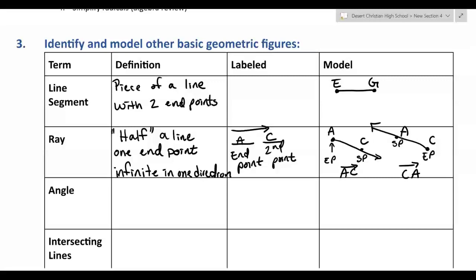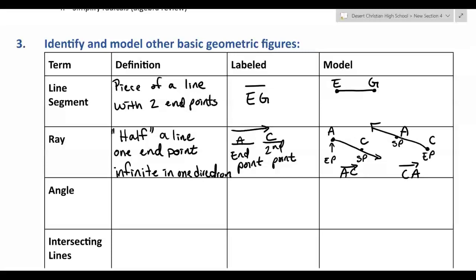And we label segments with the two endpoints. The order doesn't matter, similar to a line, with a segment symbol on top. So that's how we know this is a segment. It's not a line, it's not a ray, it's a segment. So we have three figures that we can name with two letters because they're defined by 2 points. We have a line, which goes infinitely in each direction, with arrows on both sides. We have a segment, which is not infinite at all, with just a little segment drawn above the 2 points.